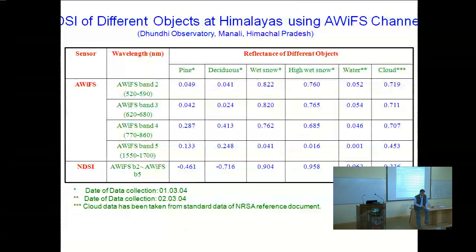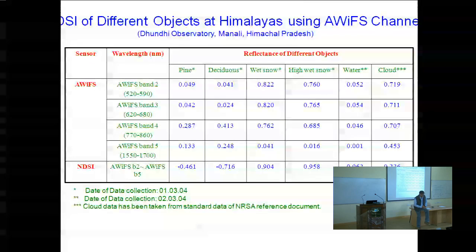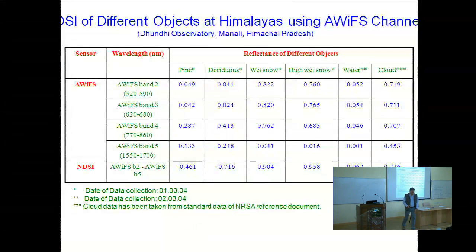Correct? So we need some other trick or some other scientific scheme to remove water from snow. Clear? Is it clear or still confused?